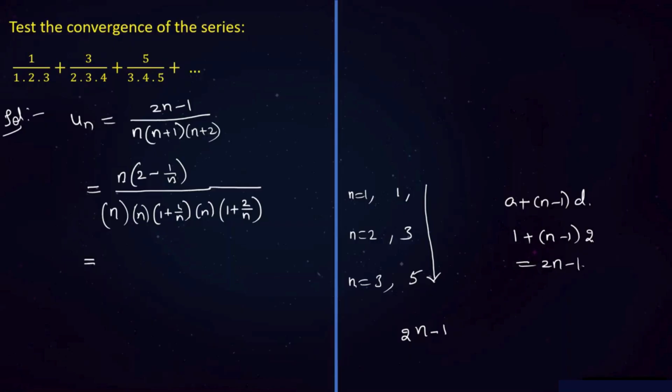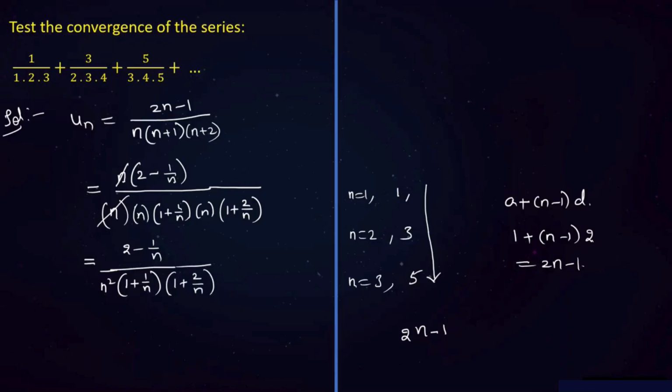So see what we can do here. 1 n can be cancelled out. So what remains? 2 minus 1 by n divided by, look at them, here we have 2 n's. If you multiply them, we'll get first of all n square, then 1 plus 1 by n, then 1 plus 2 by n here.